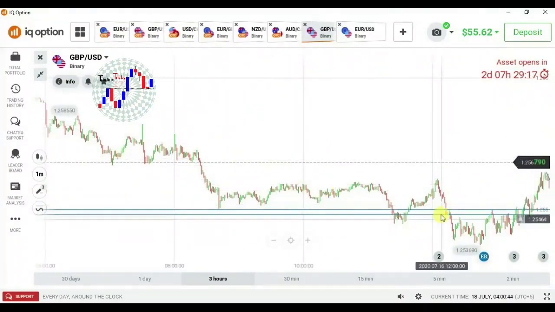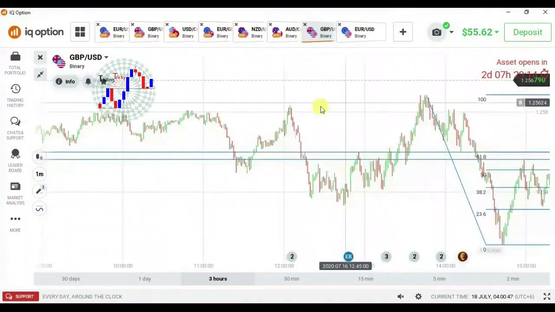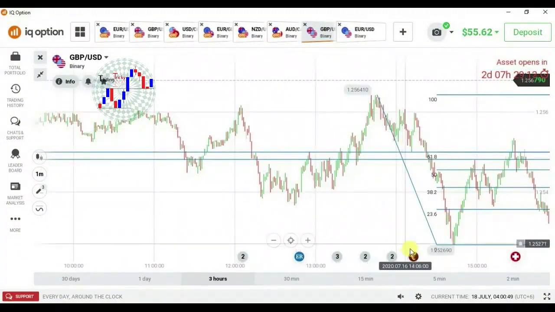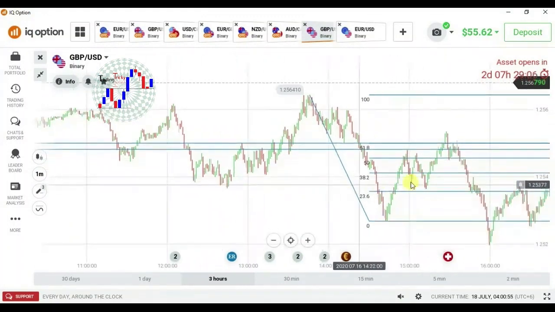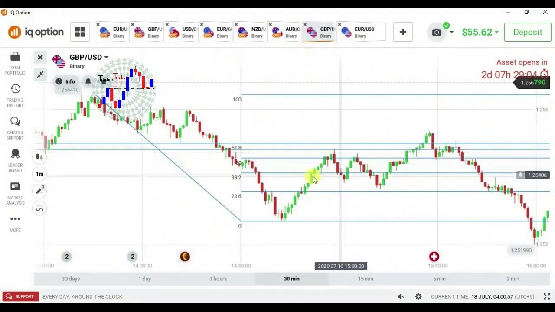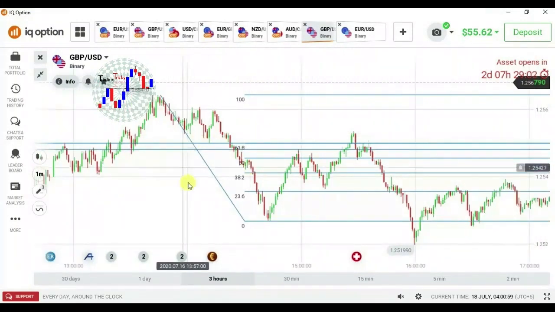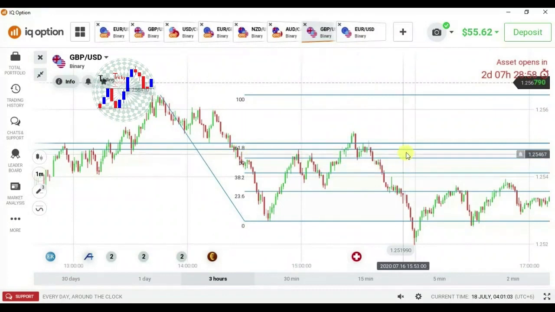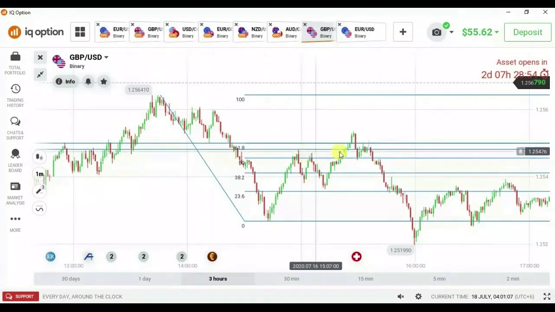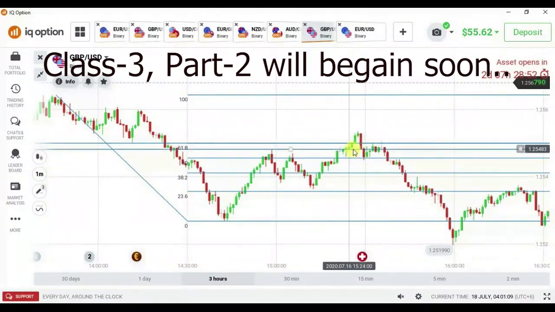If it works and all the conditions match, this is an additional confirmation to confirm your position. So mainly, Fibonacci tools work as an additional confirmation. So I think you understand all about Fibonacci tools, how to draw and how to use.